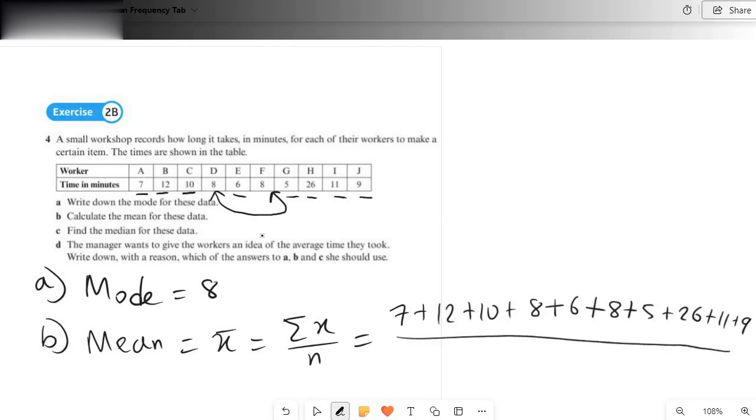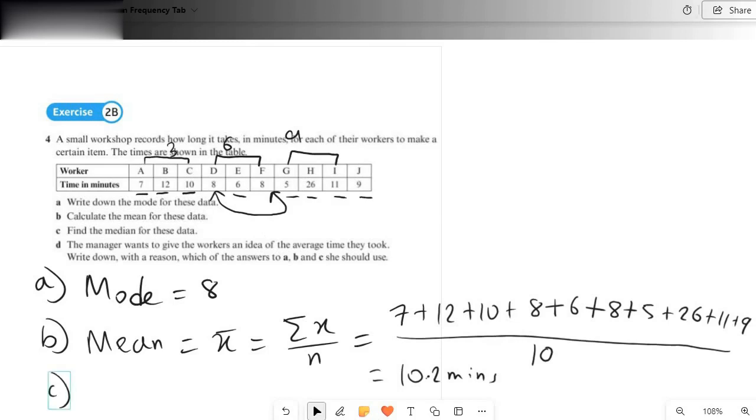And now let's count the total number of workers here. There are 3 here, and also 3, and another 3, so 3, 6, 9, and then 1. So the total number of times here is going to be 10. Calculating this, we get 10.2 minutes, and this is the average or the mean.